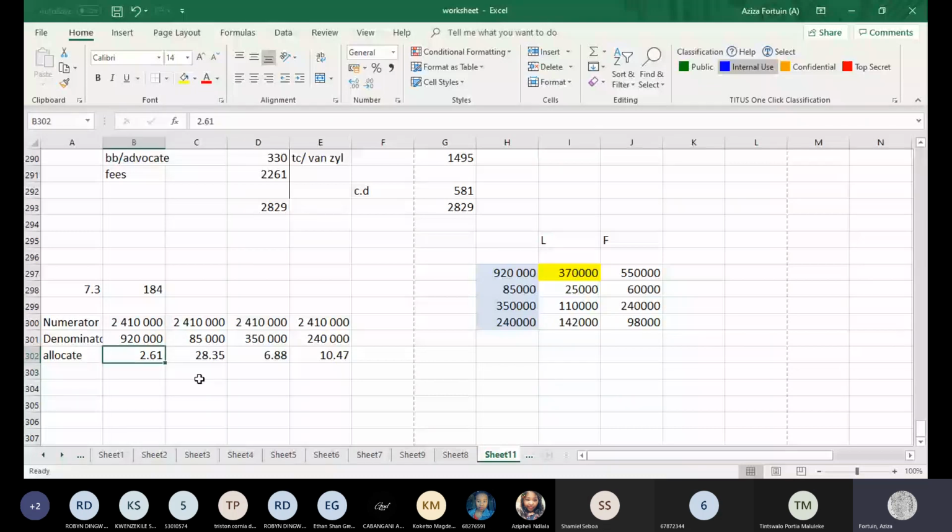Where's my calculator? Let me see quickly. 2.61 times 370,000. Yeah. Okay. Remember, it's 2.61196, so I'm just rounding it off.